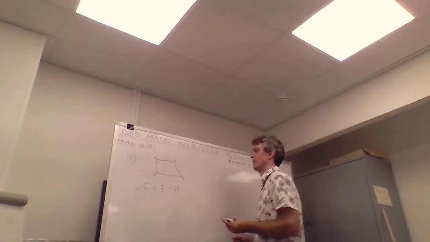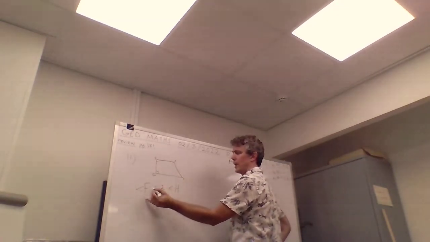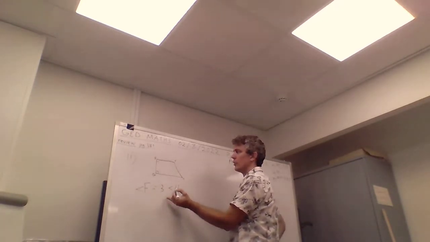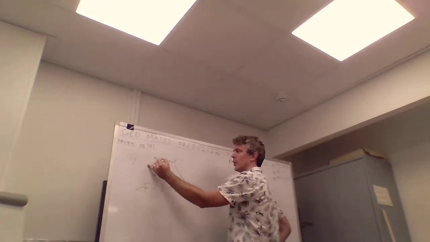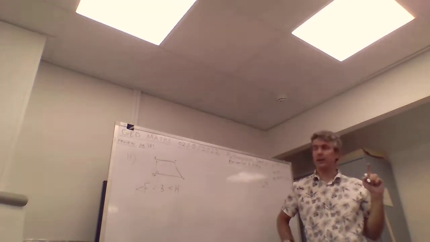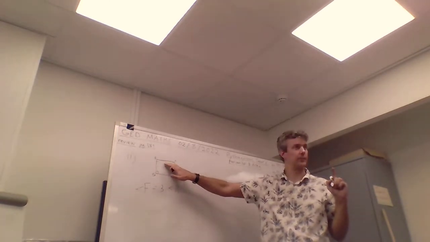So what we have here is angle F is 3 times angle H, okay? So we don't know what that is, but we do know what these two are. And we also know one other piece of information about a quadrilateral. What is that piece of information about the angles? Does anyone remember?